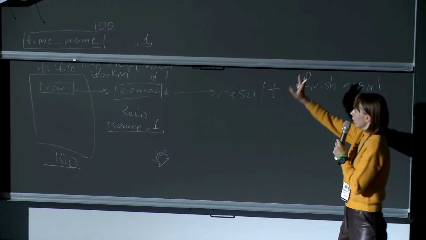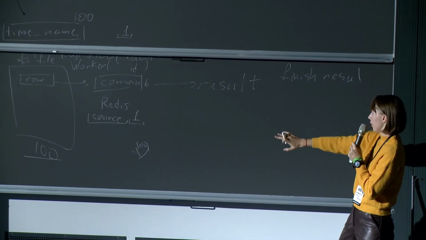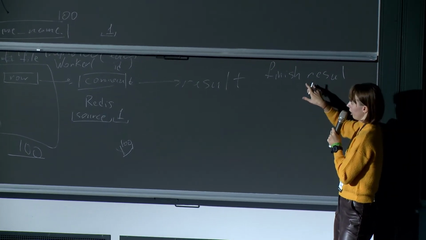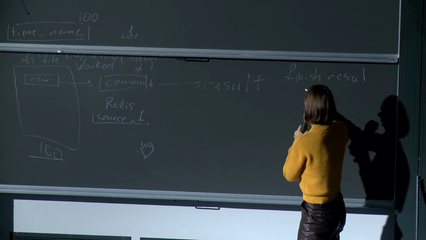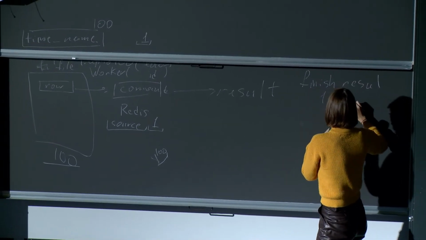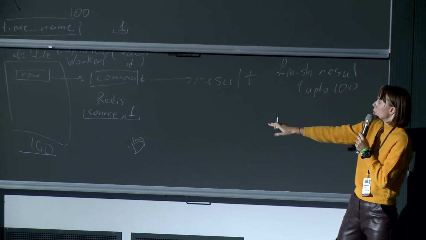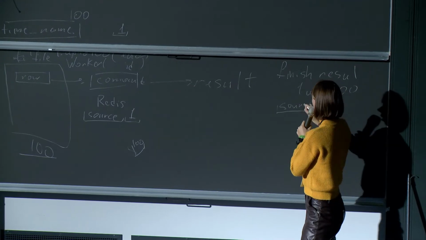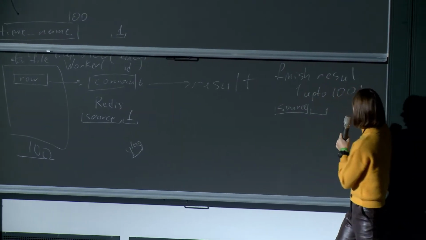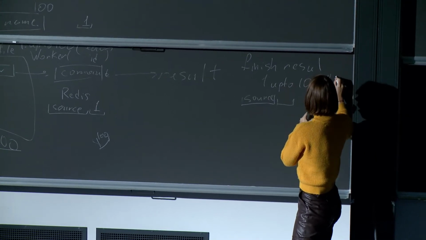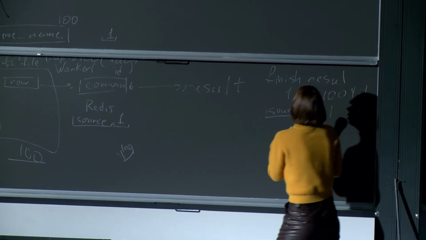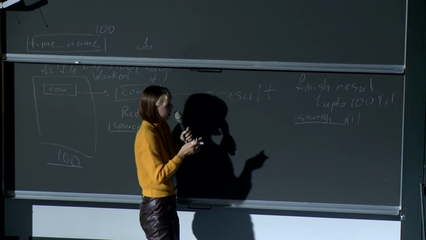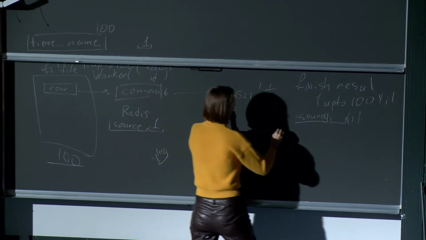When all the jobs from the batch are finished, I start this worker, which goes from 1 up to 100 and reads from Redis the result for the source name and each sequence.